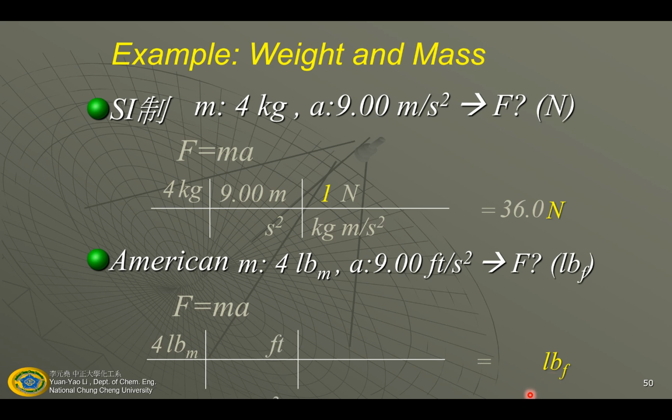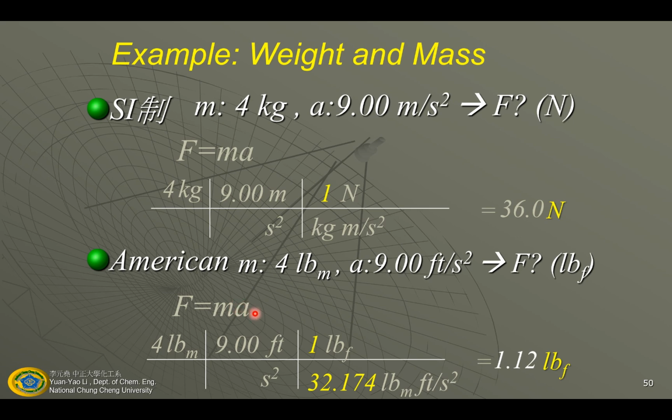So here we have 9, okay, pound mass times feet per second squared, and 32.174 pound mass times feet per second squared will be equal to 1 pound force. So as you cancel this, you will get pound force. So the result will be 1.12 pound force. So this Newton is the pound force.